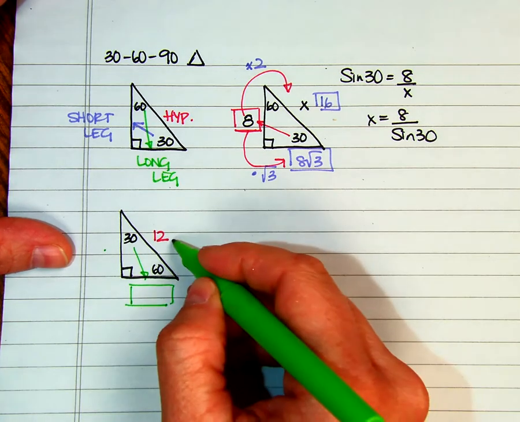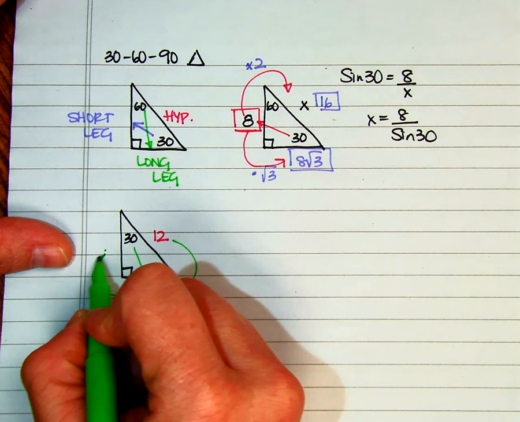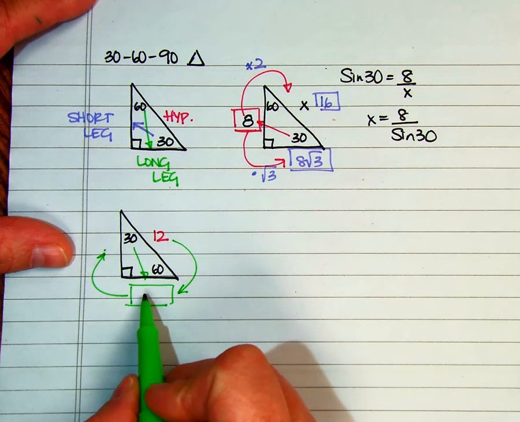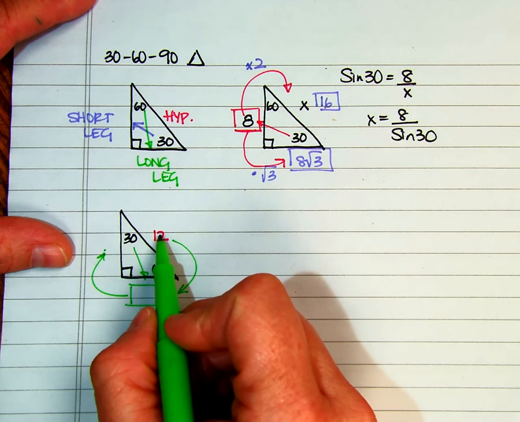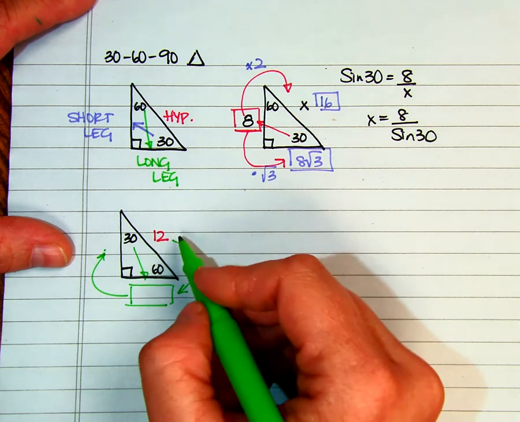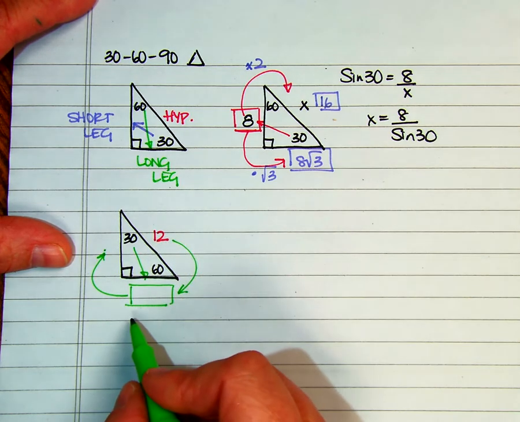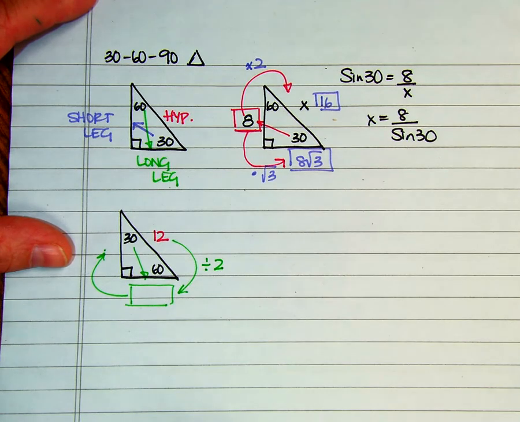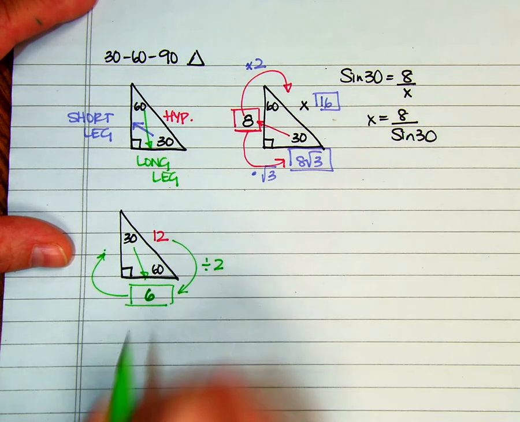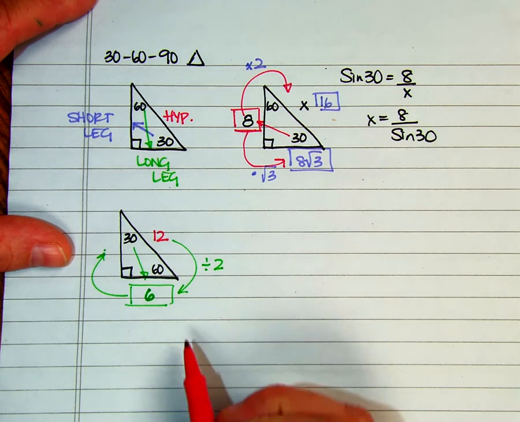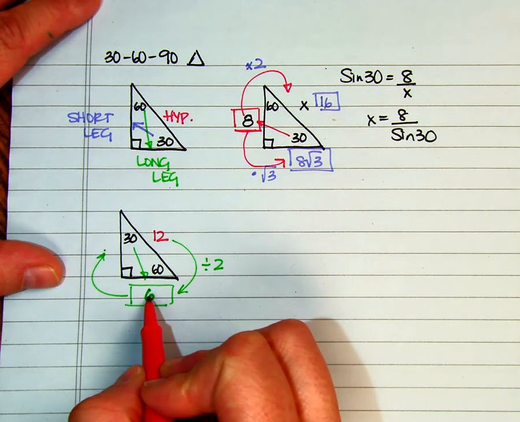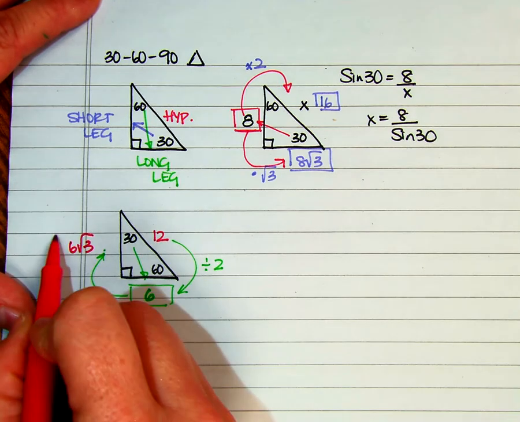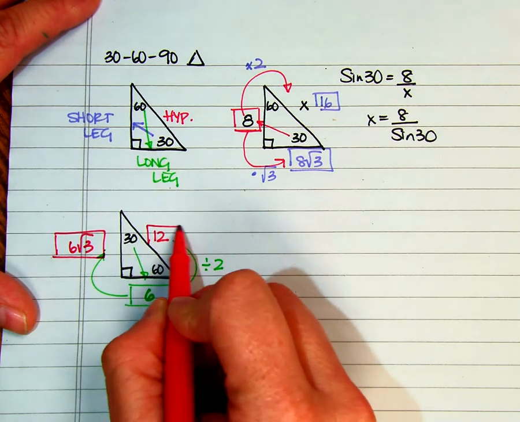So I'm going to have to go from here to there. If I am at the short leg and I'm going to the hypotenuse, I take it times 2. But now I'm going backwards. So instead of multiplying by 2, I need to divide by 2, which gives me a 6. Now we're right back to where we were. I have the short leg going to the long leg, so I would take it times the square root of 3. And you are done.